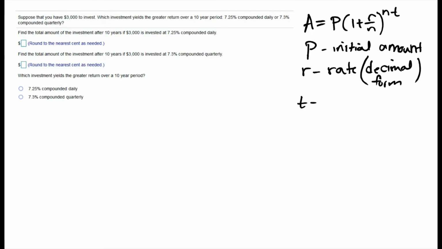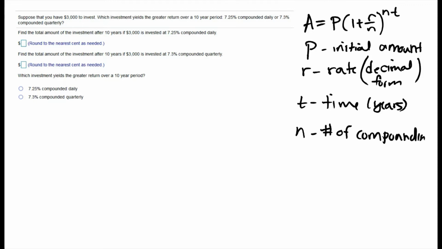The T is time in years. The N is the number of compoundings in a year. We'll talk about that more in a minute. And then A, that is going to be your accrued amount or your ending amount.